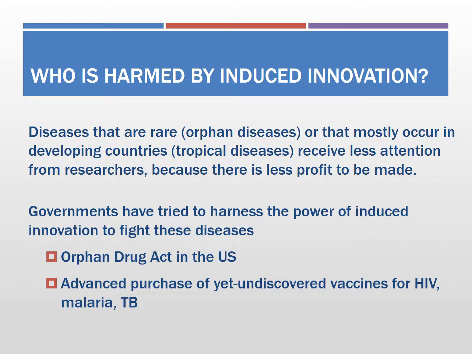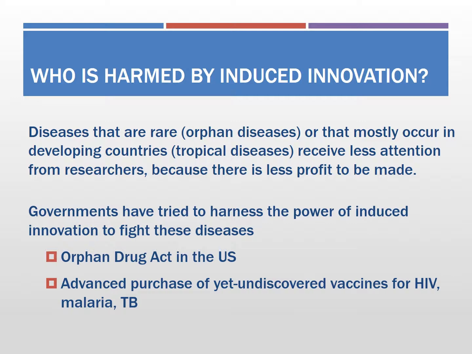Some of the actions taken by the government in the US include one act called the Orphan Drug Act. Basically, it's an act that comes in to fix the problem of low investment in rare diseases.